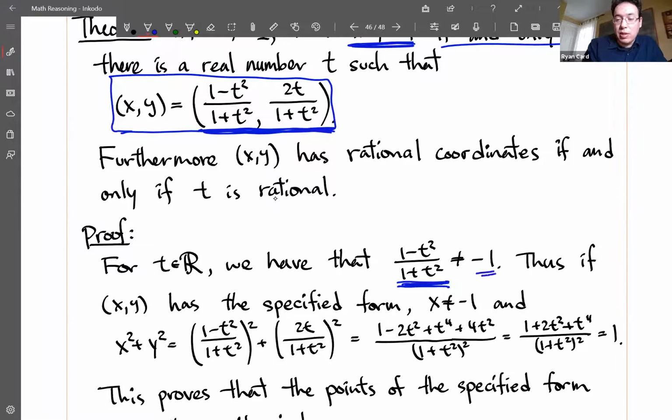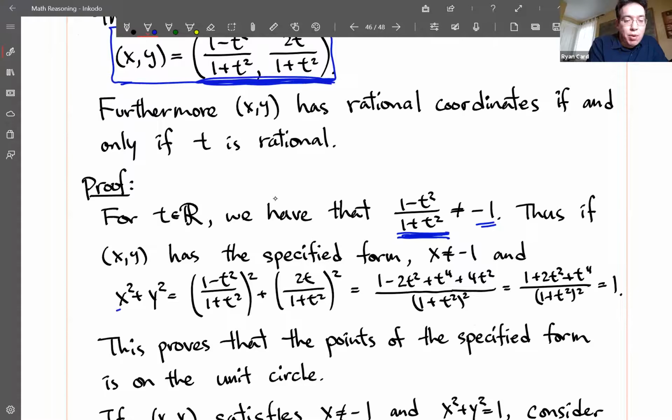Okay, so it's not the leftmost point, but anyways, if it's in this fractional form, let's plug it in for x and y and see if it satisfies the equation. You square it out and collect the like terms.